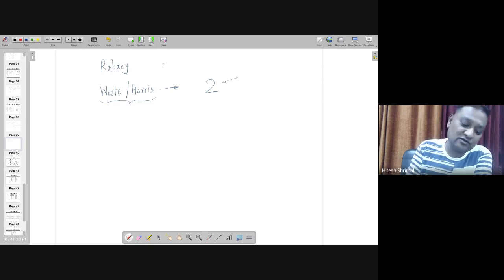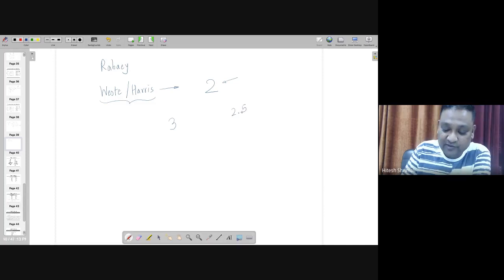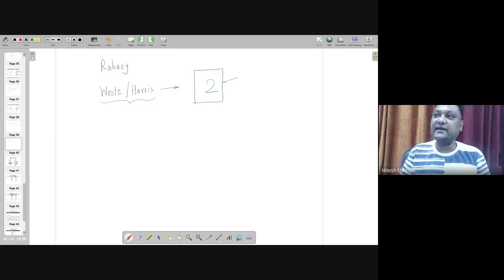Some books are following a ratio of 3, some books a ratio of 2.5, but these ratios depend on the technology. Let's assume that the ratio is 2 for better understanding.